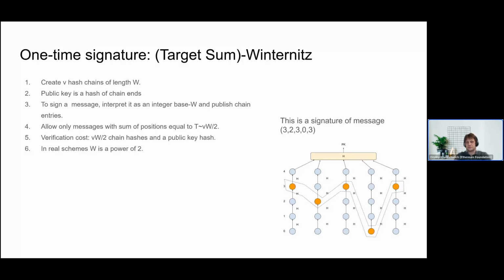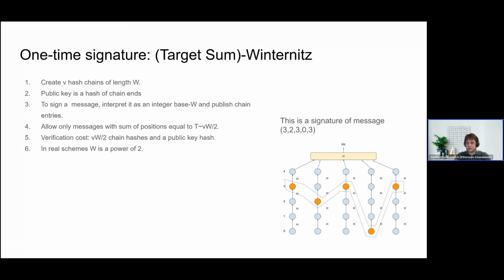It's to simplify the signature, in order to sign a message which consists of bits. If we split the message into an integer number of bits, then it's clear that we can. For example, if we split into pairs of bits, then each pair of bits corresponds to a chain with 4 elements inside. So that's why this big W is usually a power of 2.